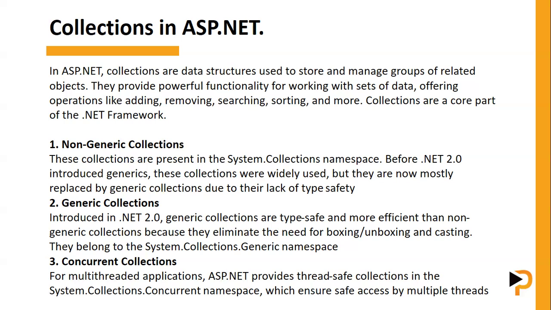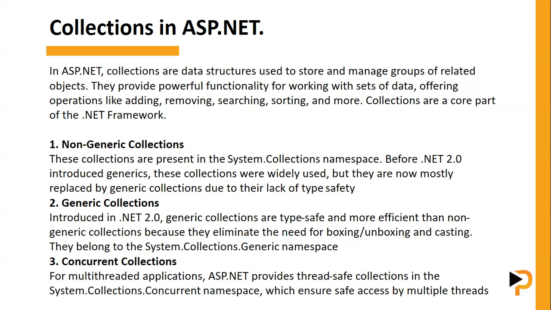Non-generic collections allow you to insert different types of data. Like you can insert data in an ArrayList because we are not mentioning the type, so we can insert integers, strings, whatever objects. But then we want the collection to be of specific types.